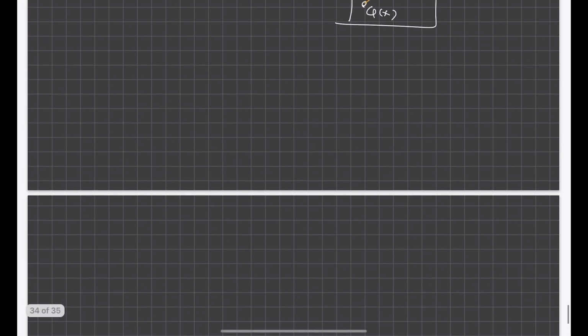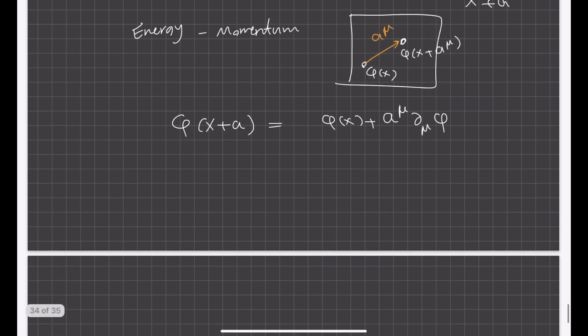Space-time translation necessarily means phi at point x plus a is phi of x plus the derivative with respect to the infinitesimal parameter. This is how we can expand, because the field is a scalar. If we are just going into a neighborhood of it, that means if we know the value of the neighborhood, we can work out the mathematics of these transformations.